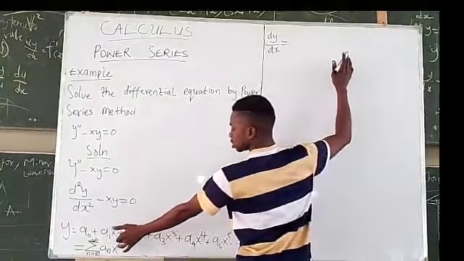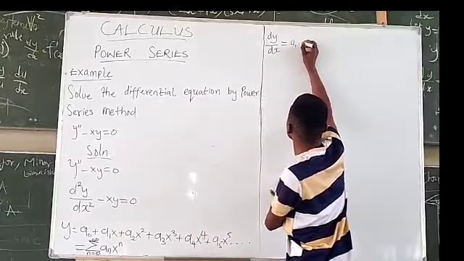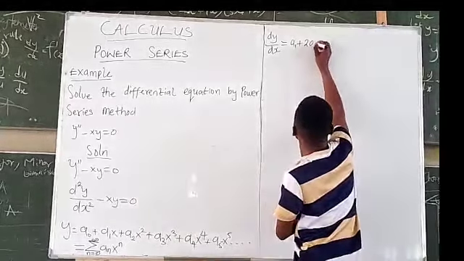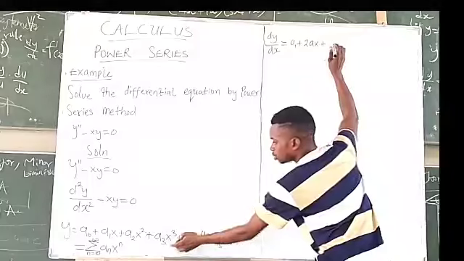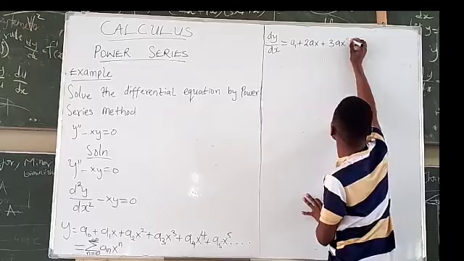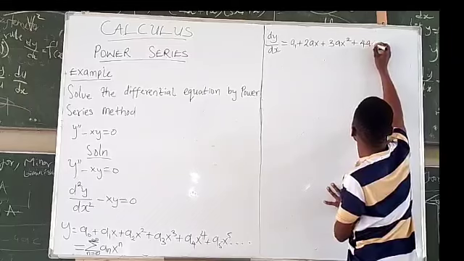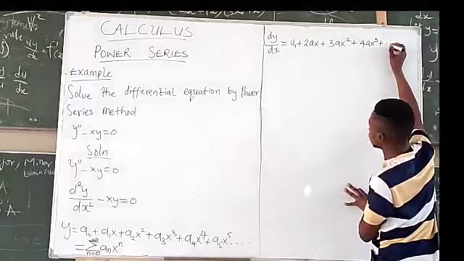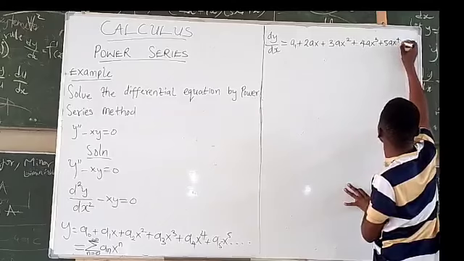Differentiating a1x, we get a1, plus 2a2x, plus 3a3x^2, plus 4a4x^3, plus 5a5x^4.